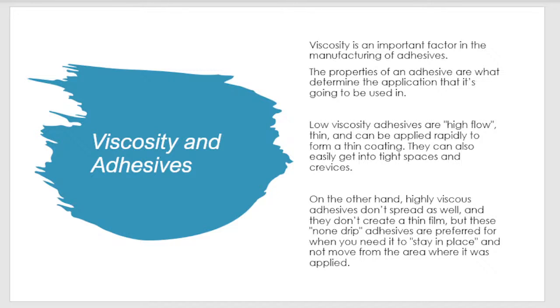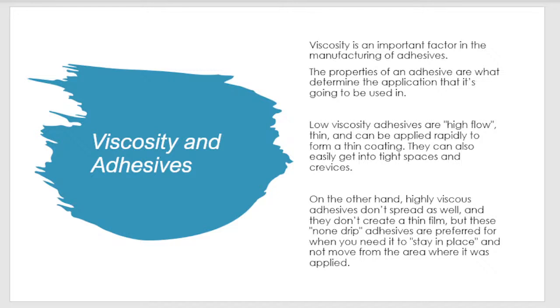For example, low viscosity adhesives are high flow, are thin, and can be applied rapidly to form a thin coating. They can also get into tight spaces and crevices if you need to. So if you need an adhesive to get into little spaces that you don't have access to, but you want to make sure that the adhesive gets to that space, then you can use a low viscosity adhesive.